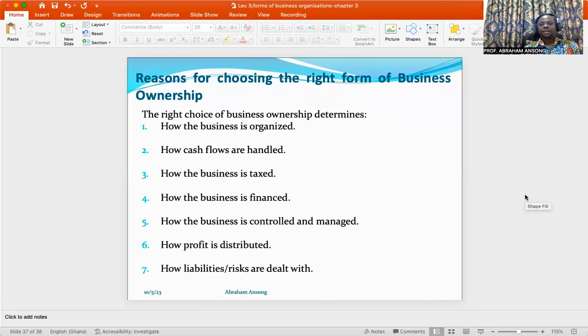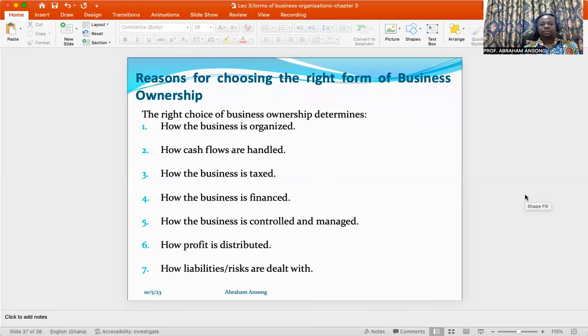How cash flows are handled is also not the same. Okay, if it is a sole proprietorship, you receive all the money, you have to go and deposit it in the bank, and keep your own books of accounts. Literally, nobody comes to force you to show how things are done, except in cases of payment of tax, personal tax, and so on and so forth.